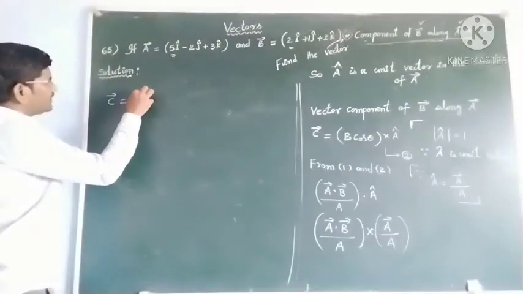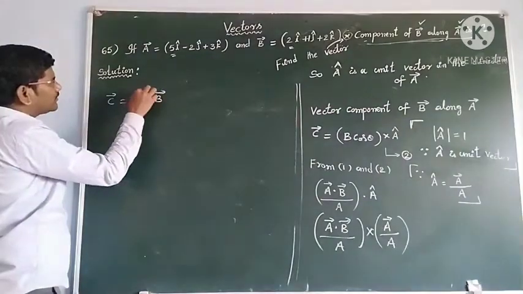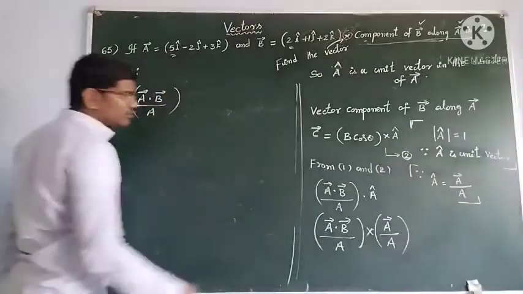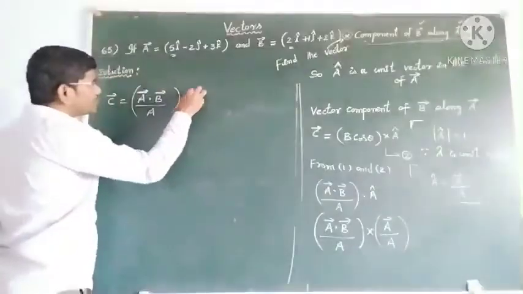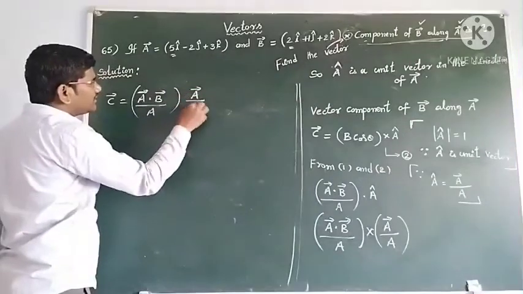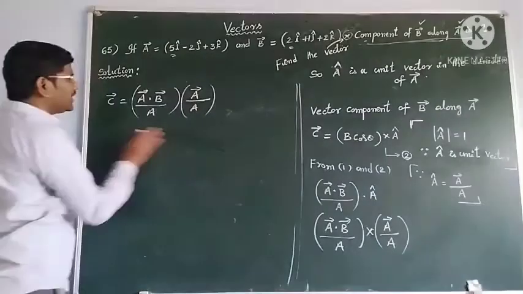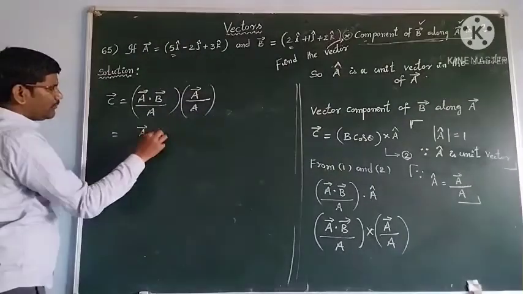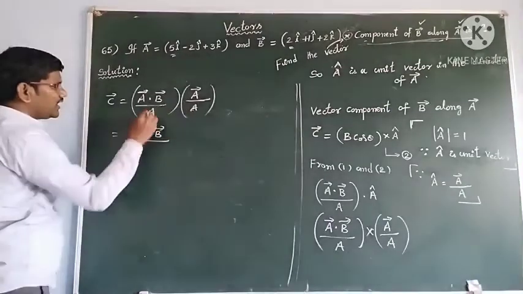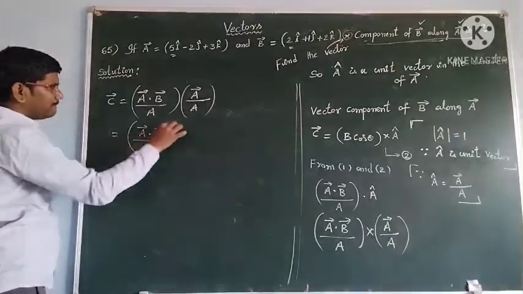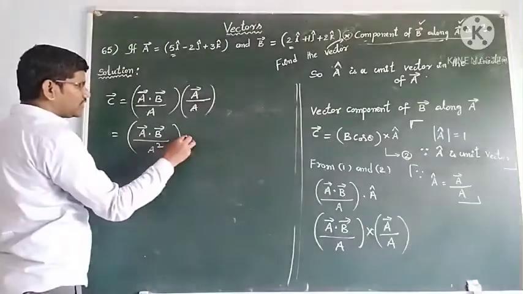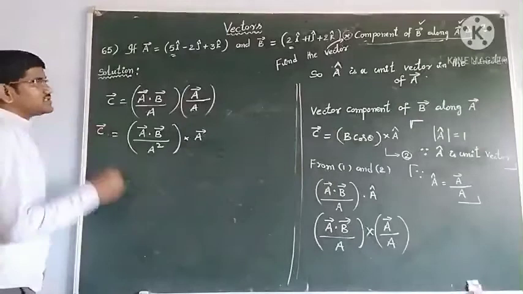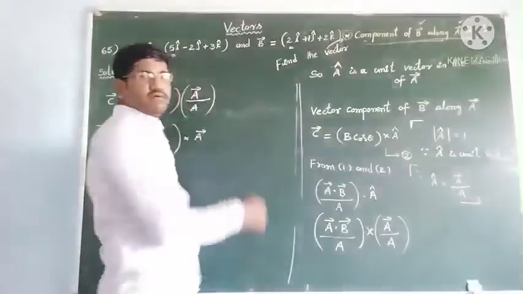That is A bar dot B bar by A, into A bar vector by magnitude of A, so A bar dot B bar by A square, into A bar. This C bar is the given quantity.